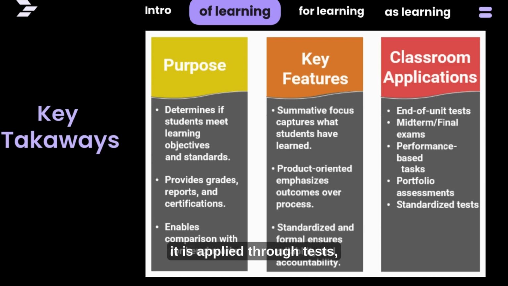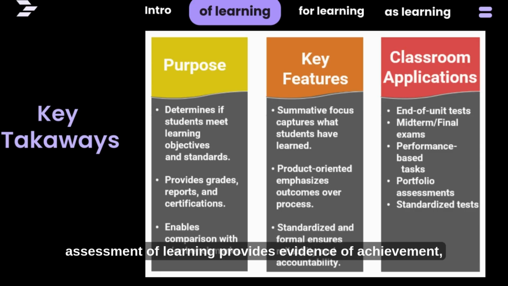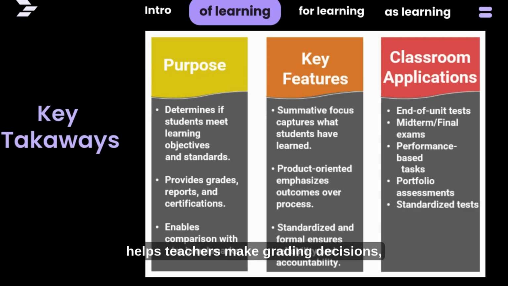In practice, it is applied through tests, exams, performance tasks, portfolios, and standardized assessments. In short, assessment of learning provides evidence of achievement, helps teachers make grading decisions, and offers comparison across groups.